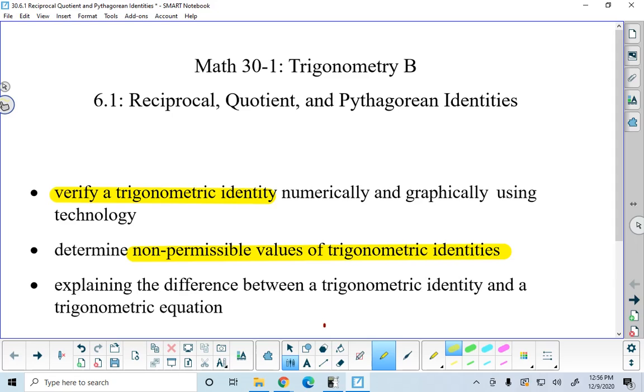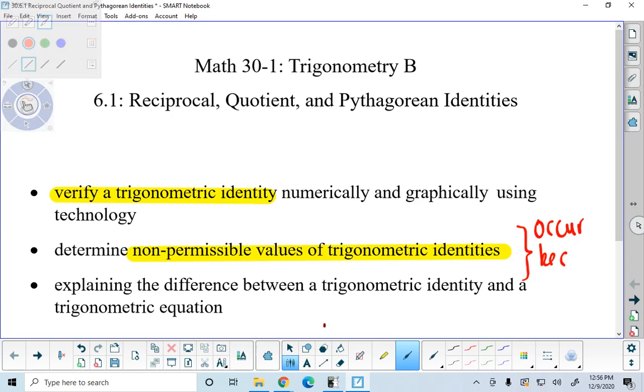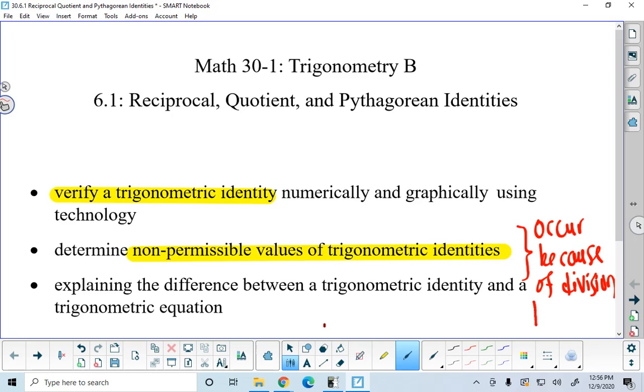And you can make a mental note right now, actually, that when it comes to non-permissible values for anything trigonometric, these non-permissible values occur because of division by 0.